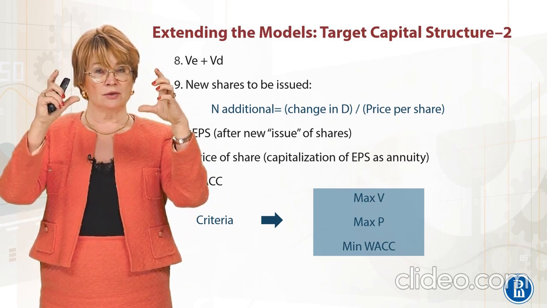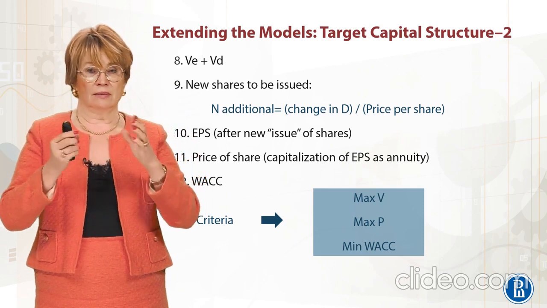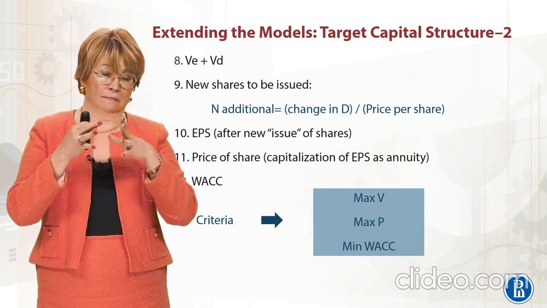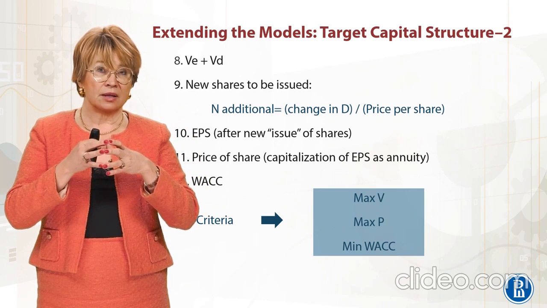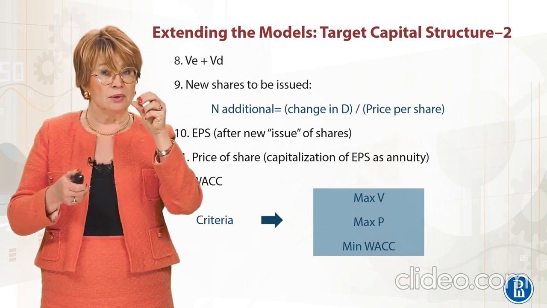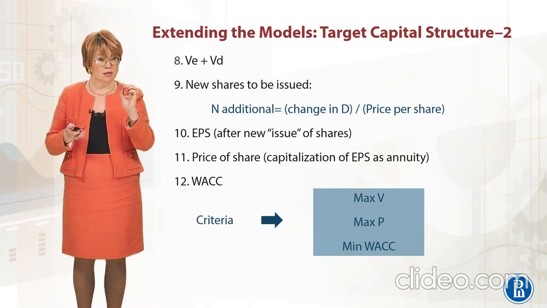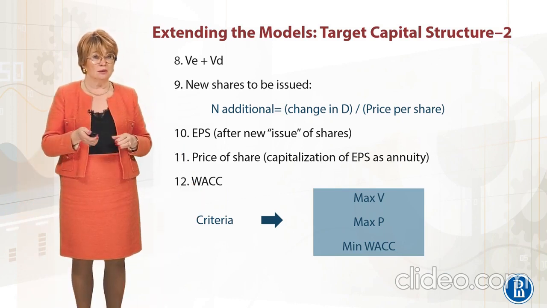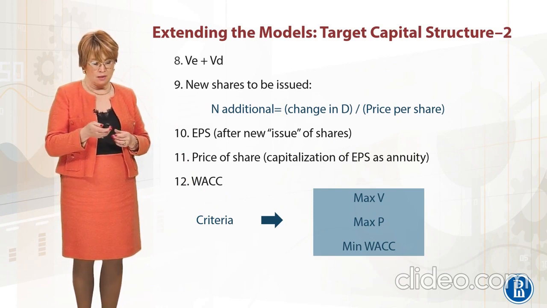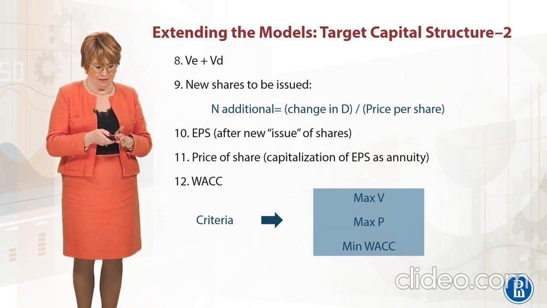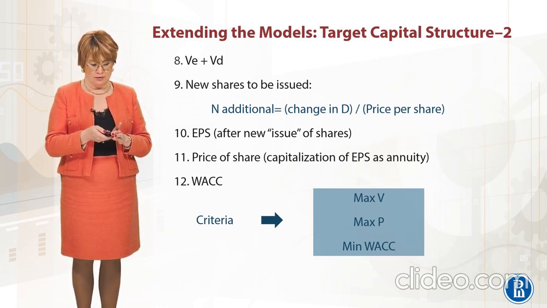If these 3 criteria are applied, then at that point of debt to equity, when we've got maximum value, maximum price per share, and minimum weighted average cost of capital, we will get the target level of capital structure.